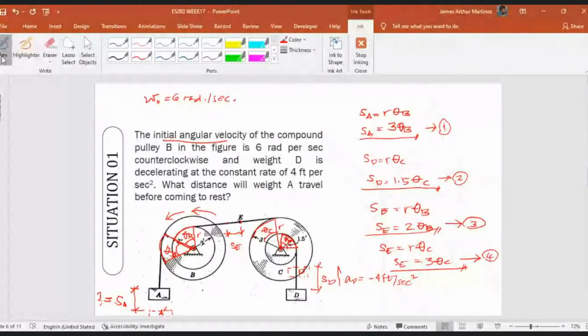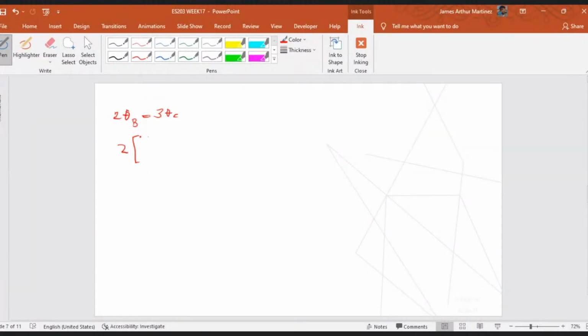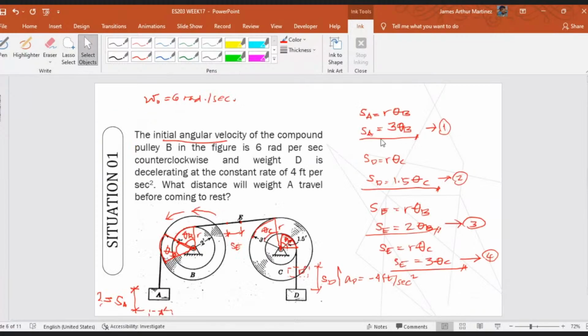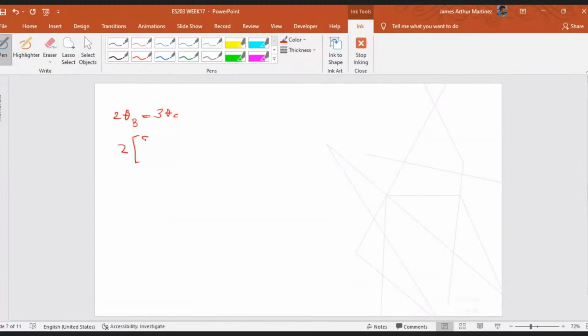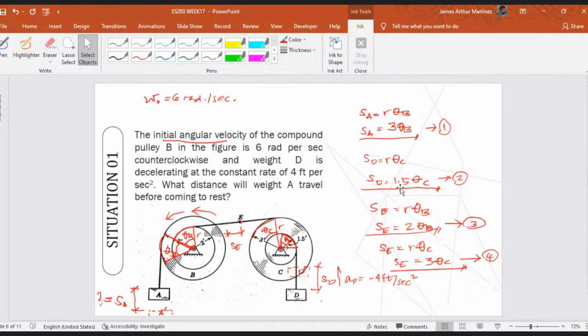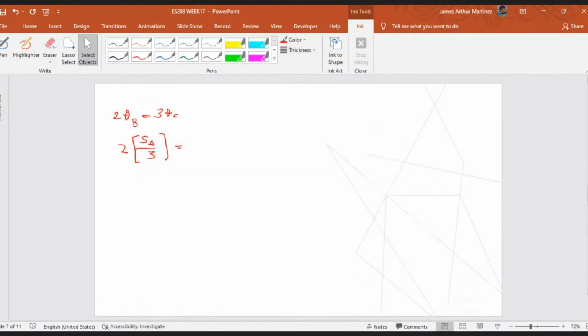Then, if we look at equations 1 and 2, we can express the angular displacement of B in terms of SA. The angular displacement of B is equal to SA over 3. SA over 3 is equal to SD over 1.5.